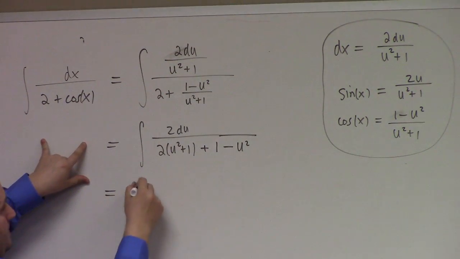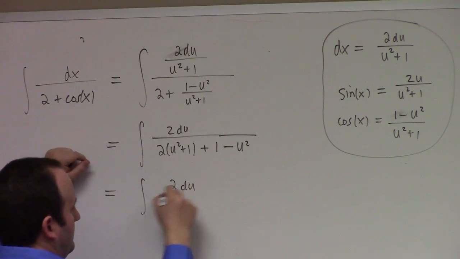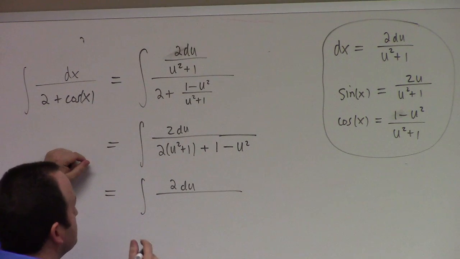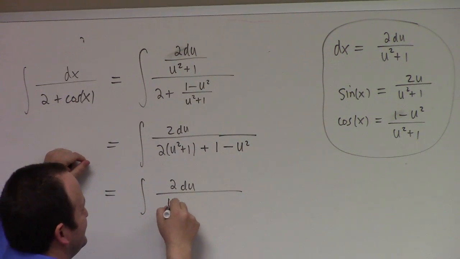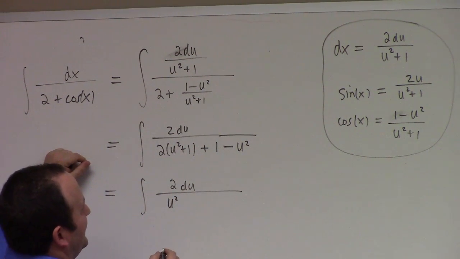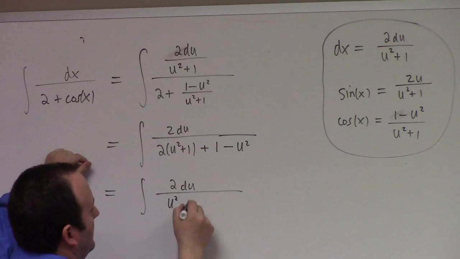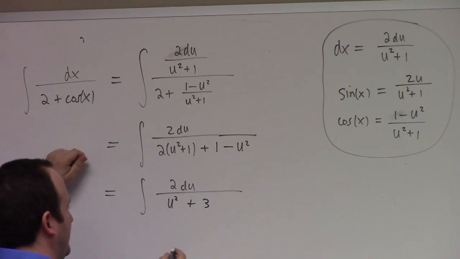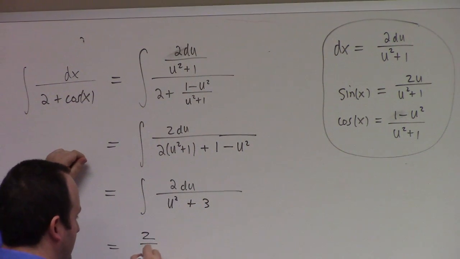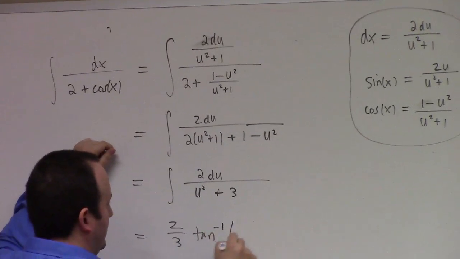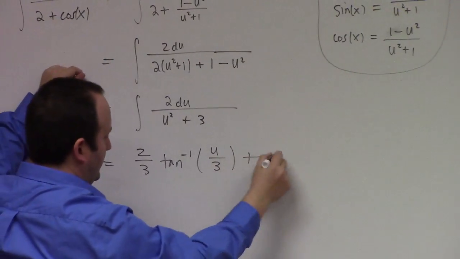How does that simplify? u squared plus 3? Okay. This ain't bad. This is 2/3 inverse tangent of u over 3 plus a constant.